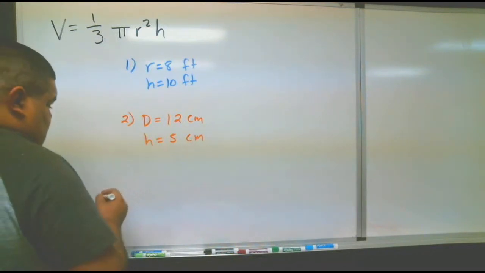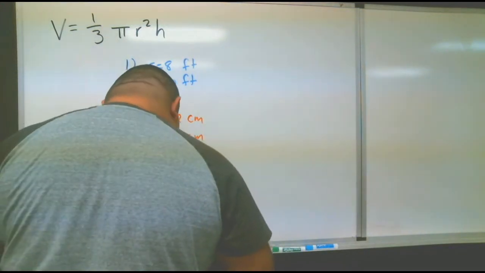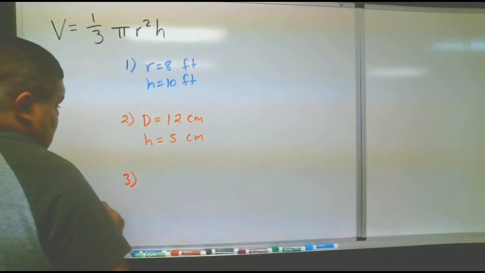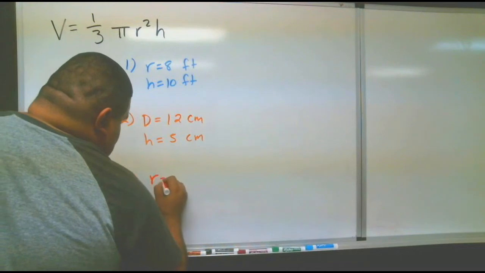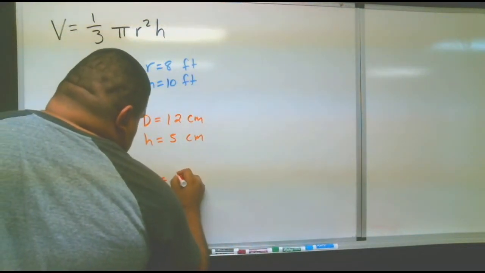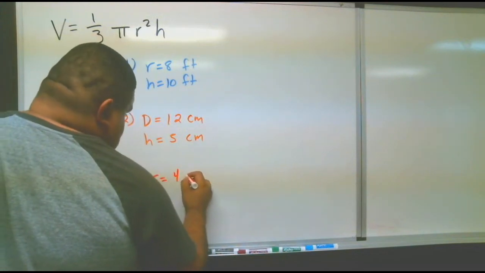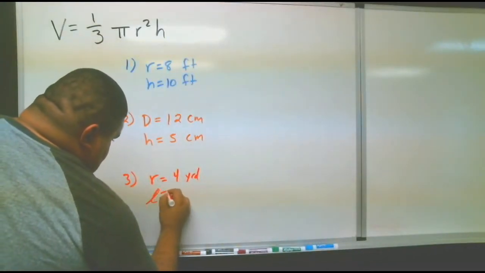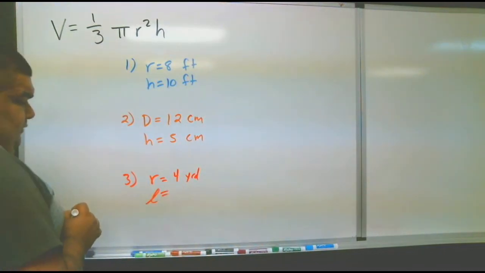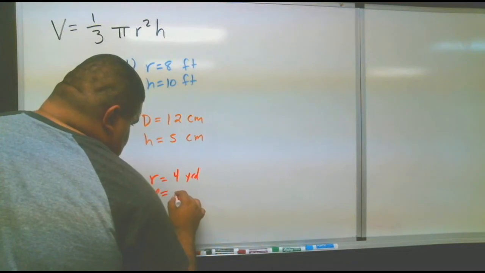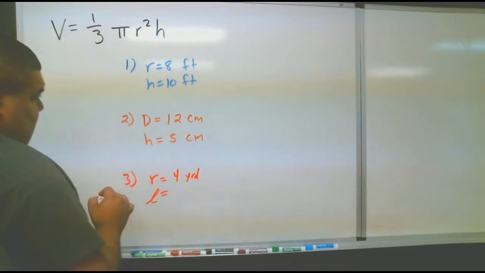And then the last one, number 3, our radius equals 4 yards, and our slanted height equals 16.